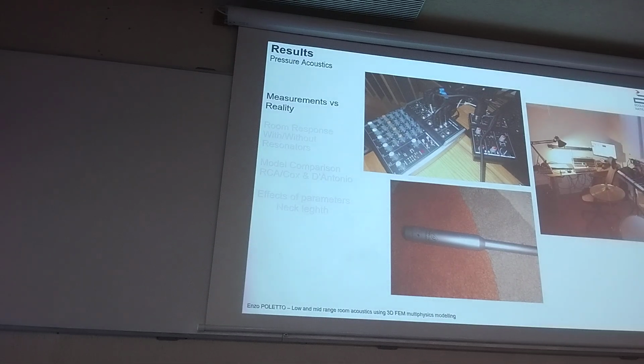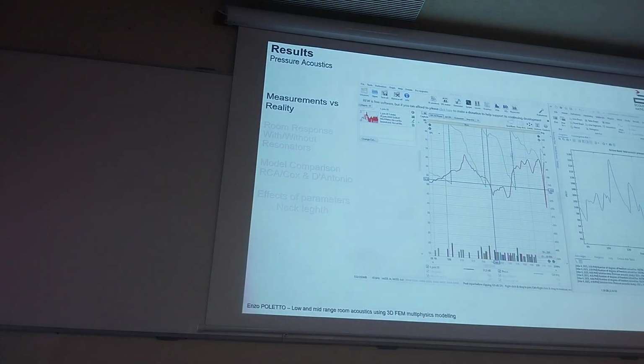They are waiting to be built over there, but I need those results to build them basically. The measurements were done using the Room EQ Wizard software, and that's the first simulation I made. And you see that it's pretty close. The peaks are very near, and we get the same kind of shape. So it was convincing at first glance.